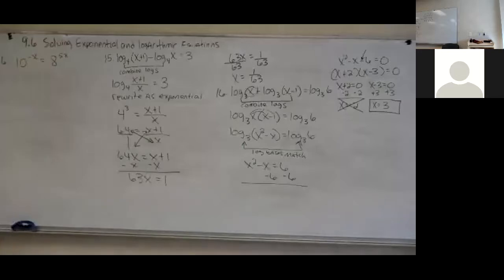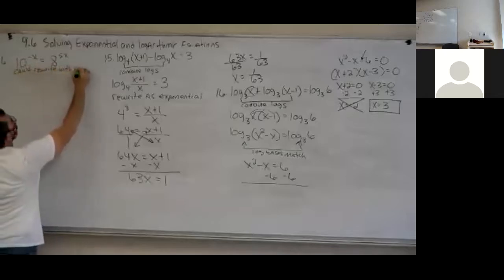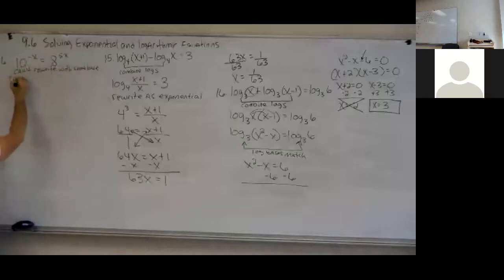All right, so I'm back to the exponential equations. I can't rewrite these at the same base because one's a 10 and one's an 8, so there's no way to rewrite that. So I'm going to take logs of both sides.